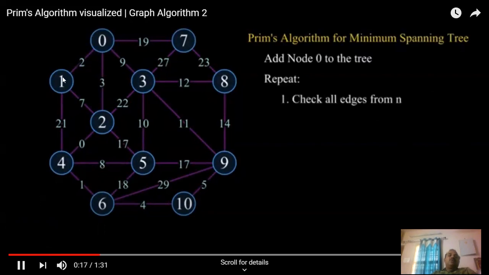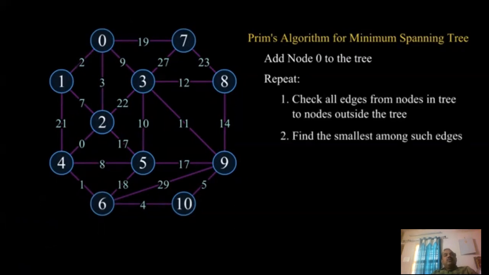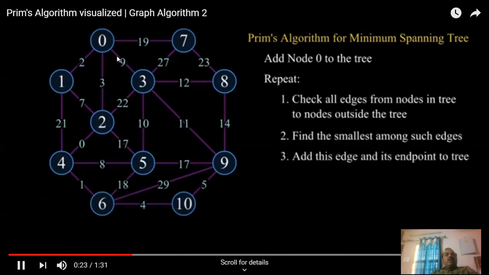Select this one. First it checks this level. These are all the non-visited node edges. So which is the smallest weighted edge? This one. Next one, which is the smallest weighted edge?